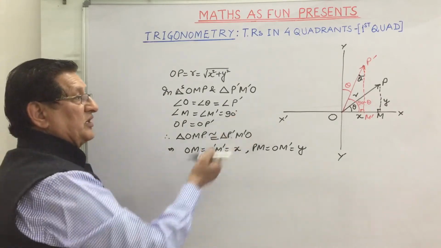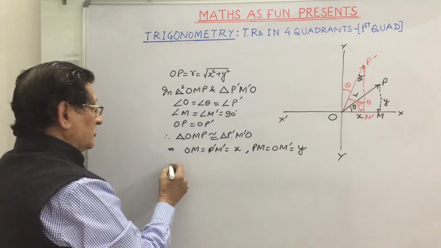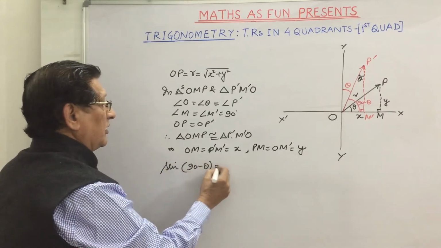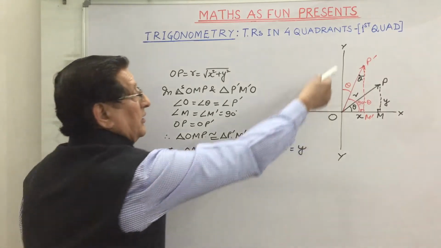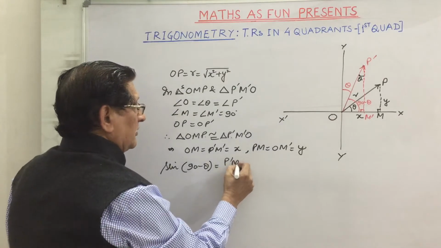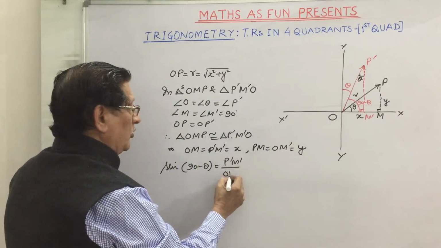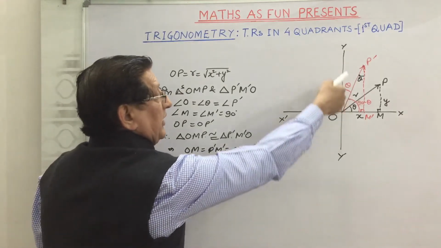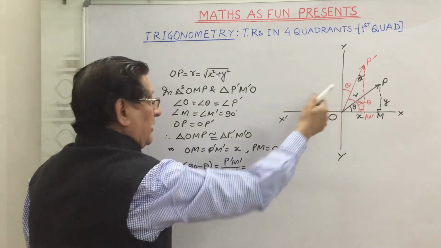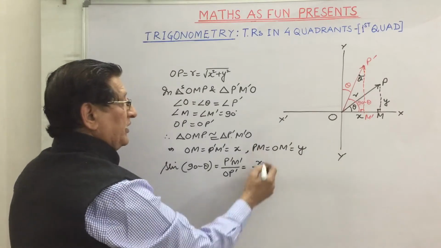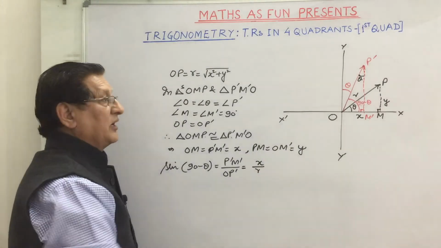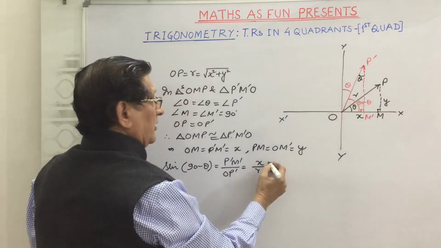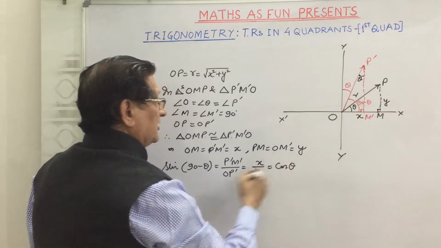Then suppose we want to find out the value of sine of 90 minus theta, that will be P dash M dash upon OP dash. P dash M dash is X, OP dash is R. And if you see from this triangle, X upon R is equal to cos theta.